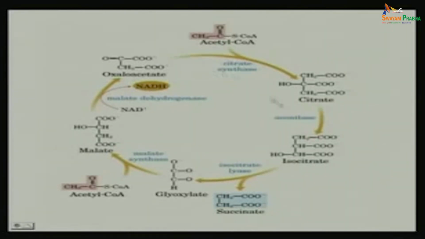Up to this reaction, it is similar to the TCA cycle. As soon as isocitrate is produced, it produces succinate, and this 6 carbon compound is broken into 4 and 2 carbons, the glyoxylate. Another molecule of acetyl-CoA is needed to produce malate, and once again oxaloacetate is formed.